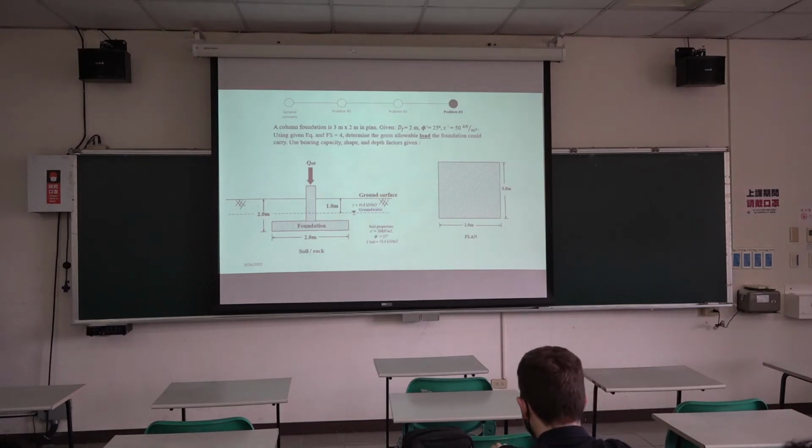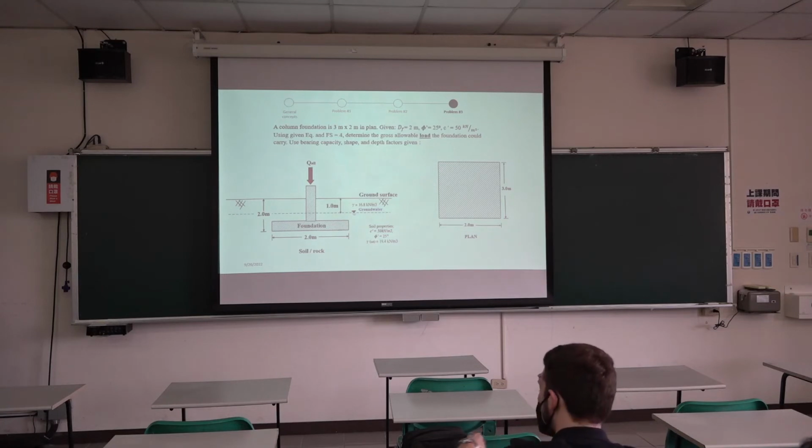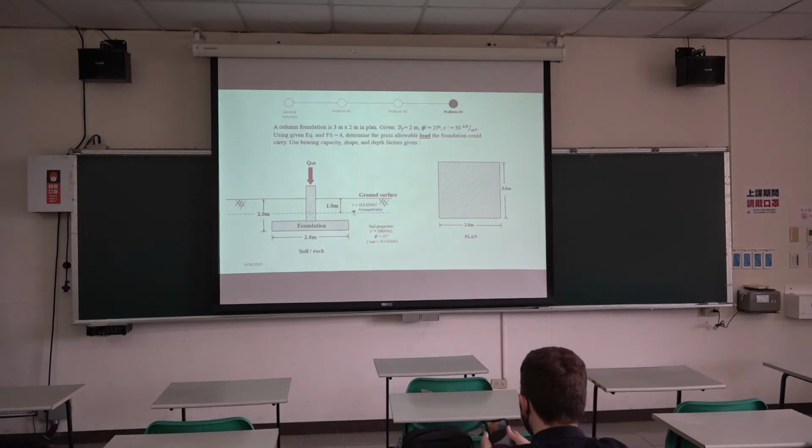Below the groundwater, we have the saturated unit weight of the soil, so it's going to be slightly larger, 19.4. This is the width of the foundation, so B is equal to 2. L is equal to 3.